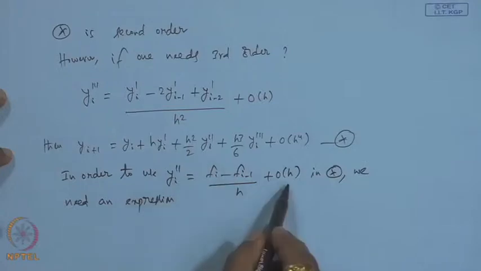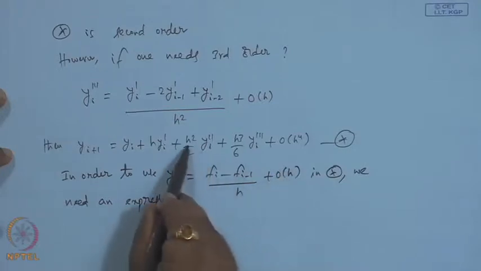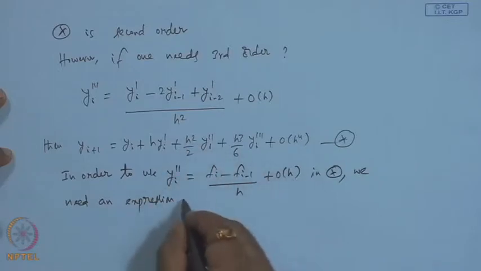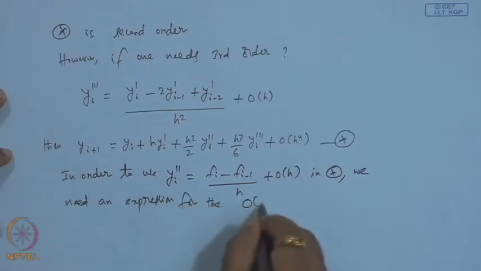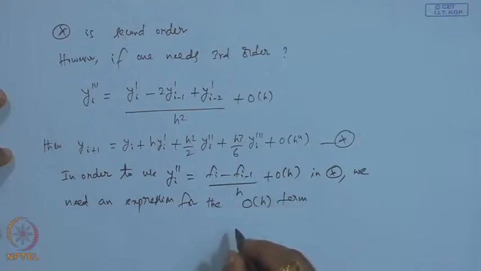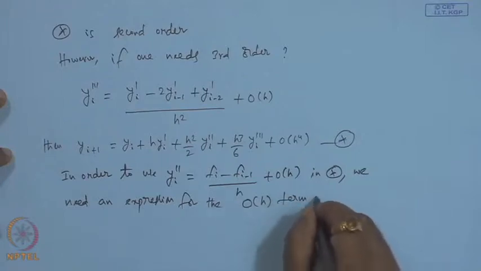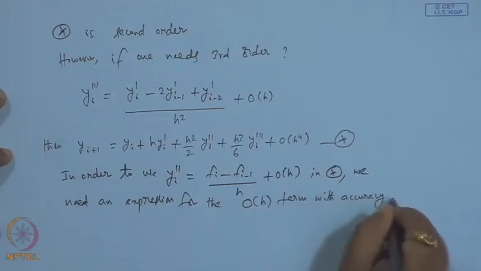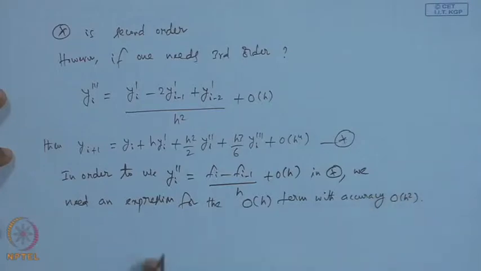See, this is h square, so you need third order. So, you need an expression for this, so that h square times this gives third order. So, an expression for the order h term with accuracy h square. So, how do we do it?